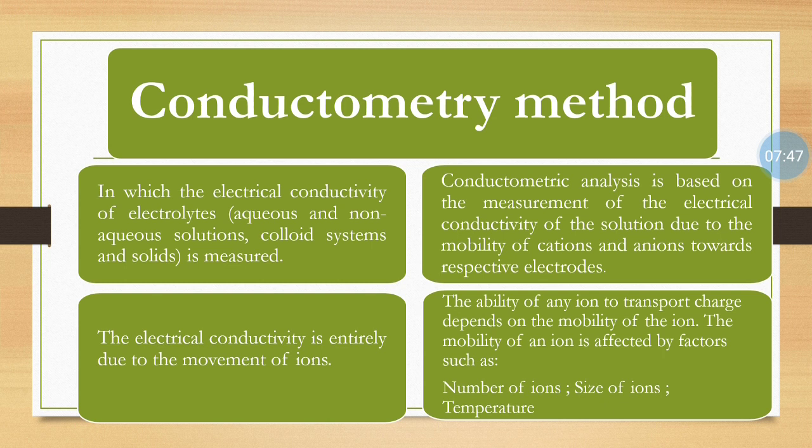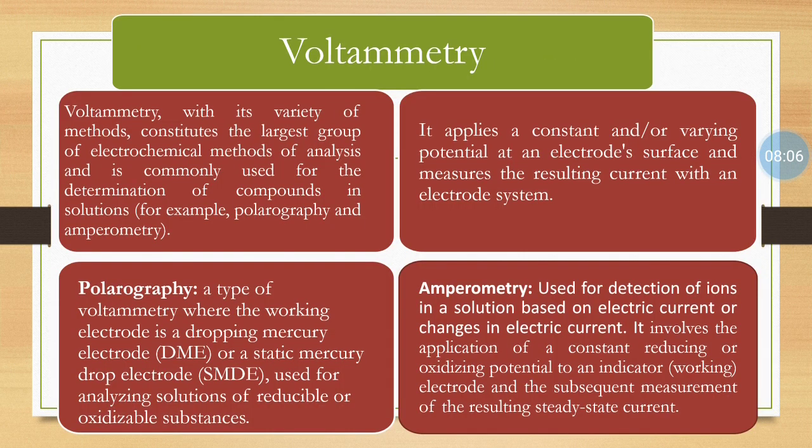The electrical conductivity is entirely due to the movement of ions. The mobility of an ion is affected by several factors. A few of them are the number of ions present in the solution, their size, and the temperature at which the reaction is being carried out.